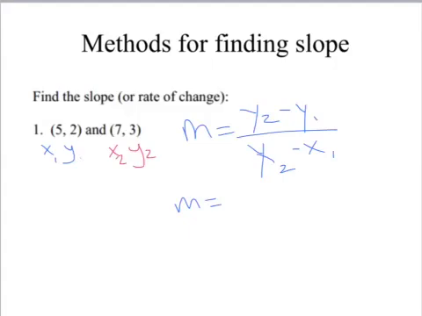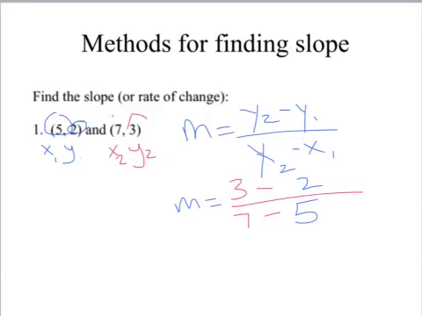So since we're using the formula where Y2 and X2 go first, my Y2 is 3. My X2 is 7, so I'll put it below. And then it's going to be minus my Y1, which is 2, and my X1, which is 5.